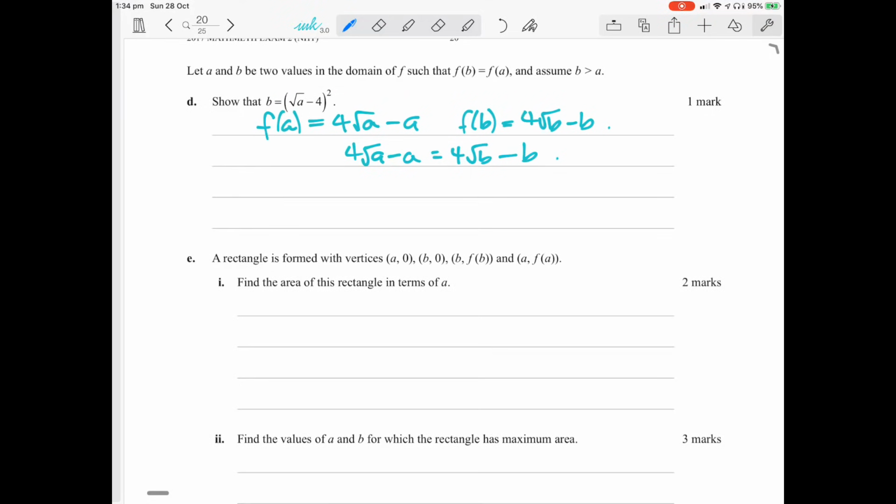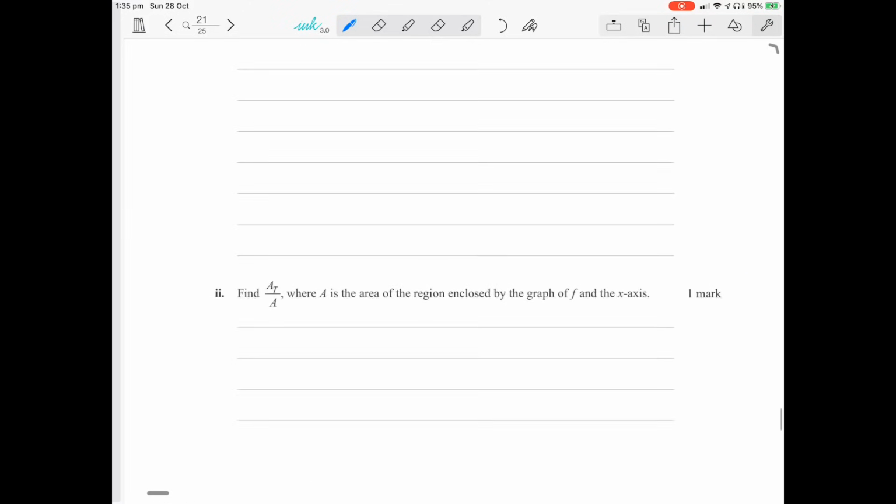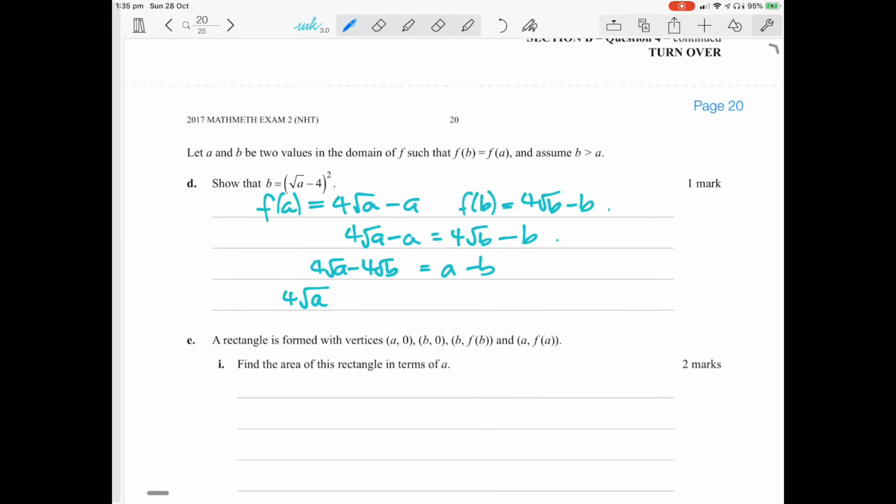Okay, bring the roots to the other side. So I get 4 root A minus 4 root B is equal to A minus B. So 4 times root A minus root B is equal to A minus B. I want to get B by itself.